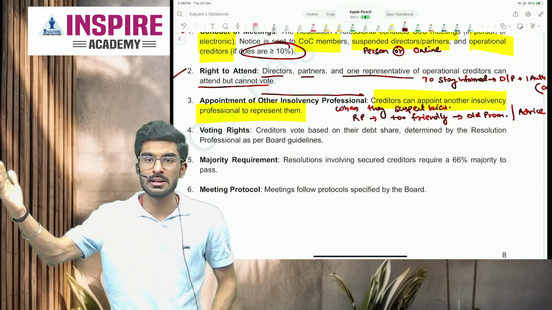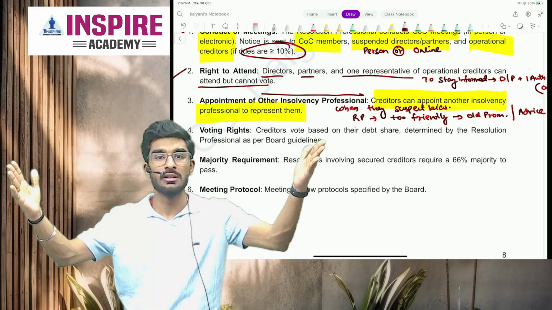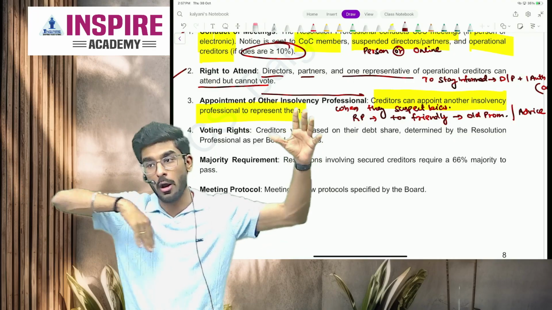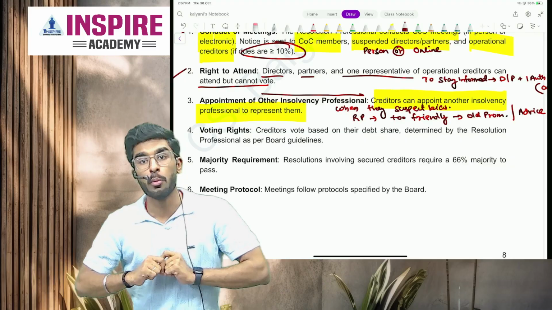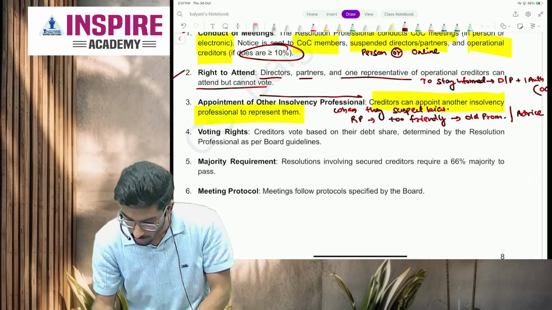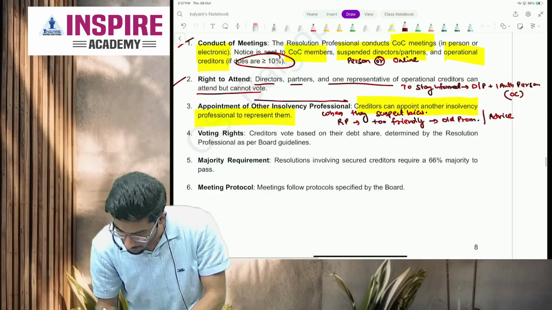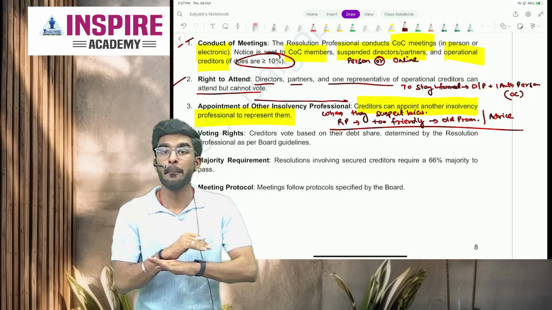Now, this insolvency professional appointed by the COC and the resolution professional, they both will talk. They will both analyze every single decision so that all the decisions are completely unbiased.